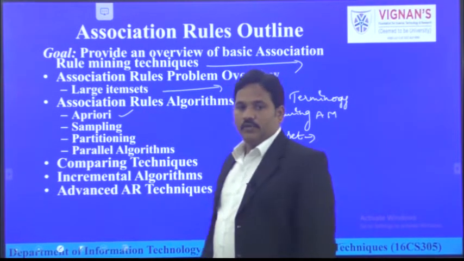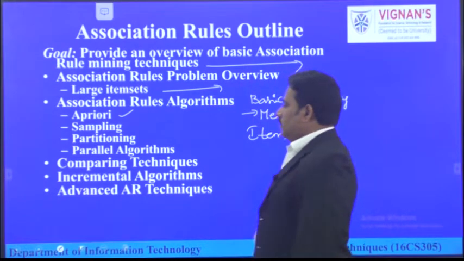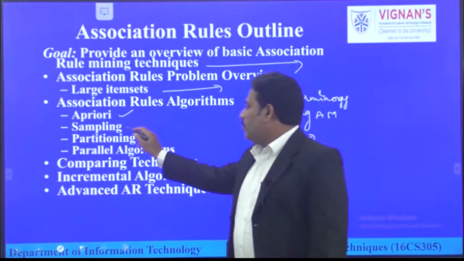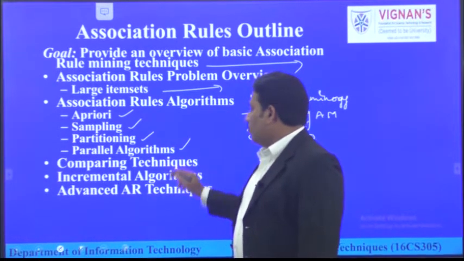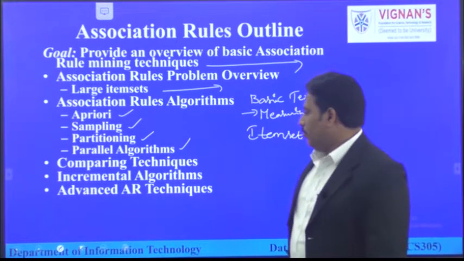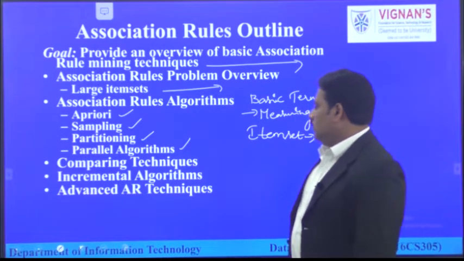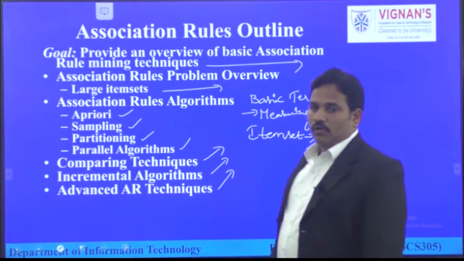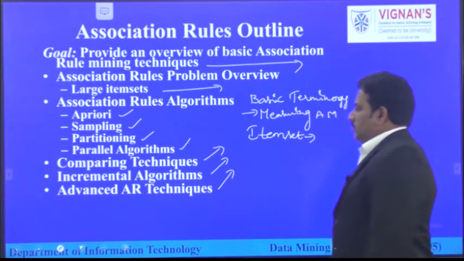They are the Apriori algorithm, sampling algorithm, partitioning algorithm and parallel algorithm. These are the commonly and mostly used algorithms in association rule mining. In addition to that, we will compare various techniques and we will see the advanced association rule mining algorithms.